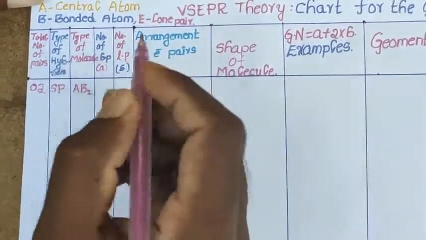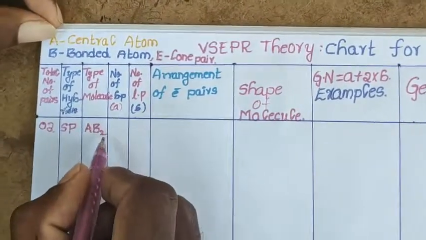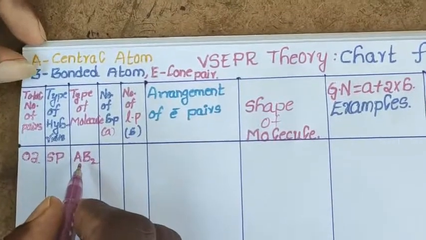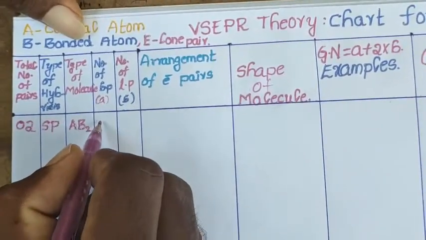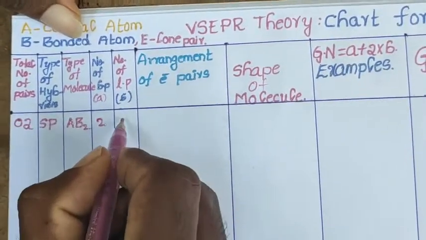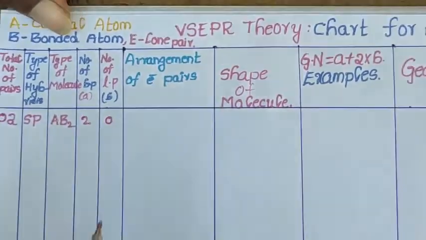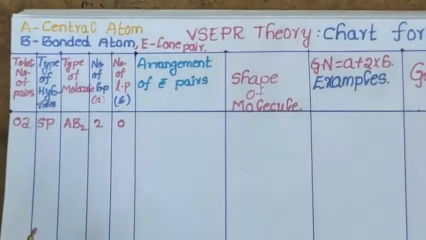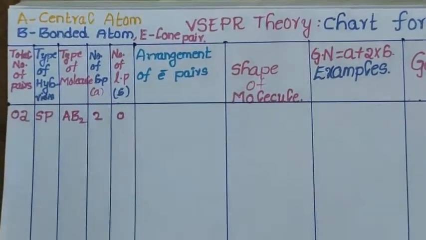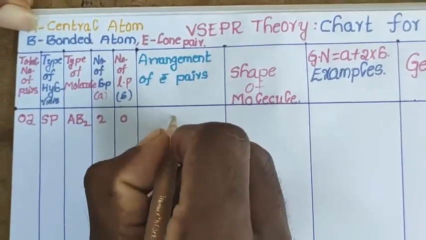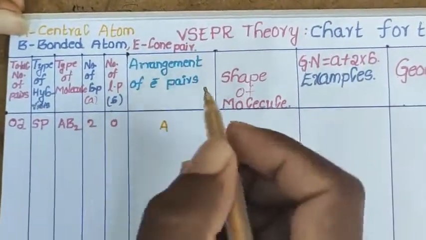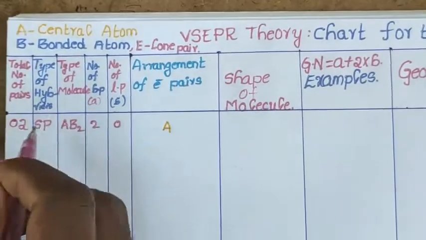Number of bond pairs: A means central atom 1, B means bond atoms, so bond pairs are 2. Lone pairs are 0. The central atom is A. Arrangement of electron pairs: how many electron pairs in total? 2 pairs.